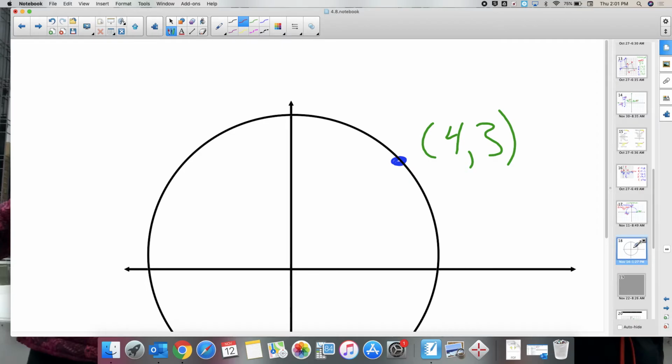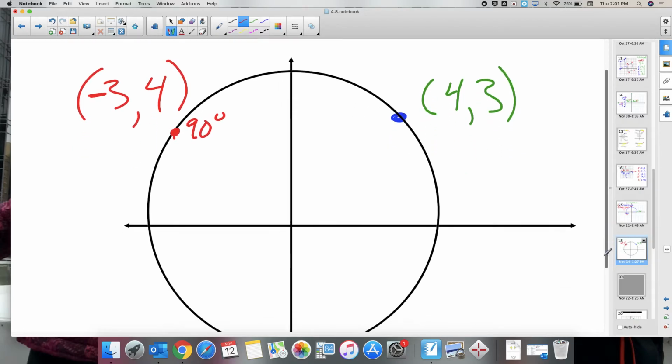To go 90 degrees counterclockwise, we'd end up somewhere right in here. I'm going to flip my points. So I'm going to have a 3 and a 4. And my new x changes signs. I'm going to do it again. So this was 90 degrees.